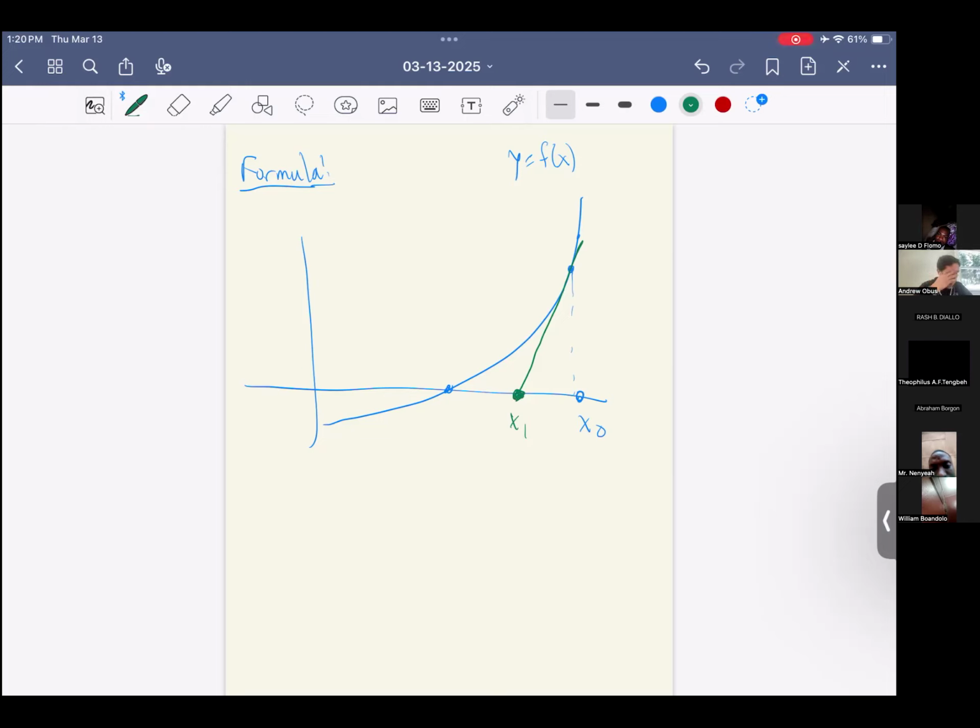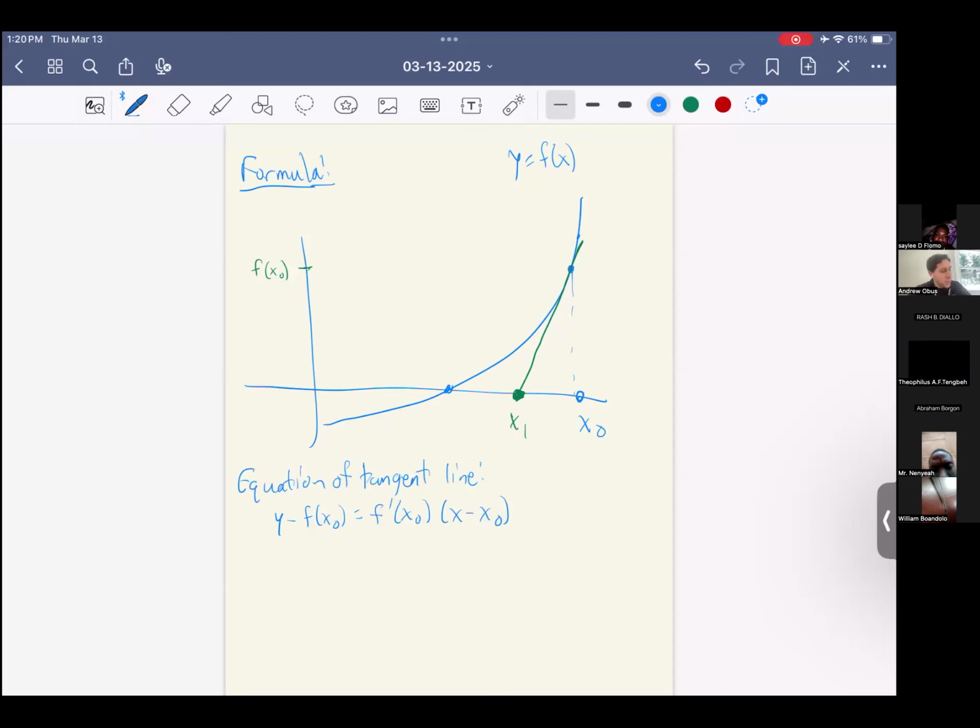And so the question is, what is this point x1? Well, we know that this point over here is f of x0. And we know that the equation of the tangent line, we've seen this already, is y minus f of x0 equals f prime of x0 times x minus x0, right?